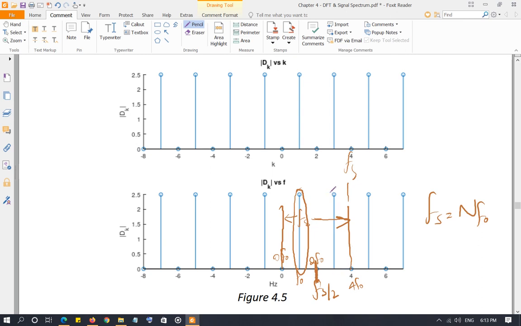Make sure 3 Hertz is not the frequency of the signal, because again it is outside fs by 2. Although when we are taking the Fourier series you go from 0 to fs, you don't have to, because fs by 2 to fs is just a mirror image of 0 to fs by 2. So all the frequency information is from 0 to fs by 2. And in this case, it's only one frequency component, which is 1 Hertz.